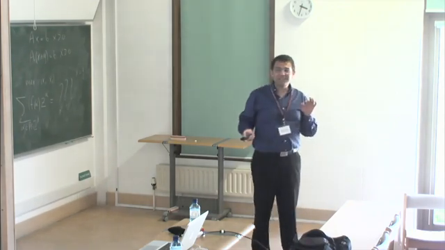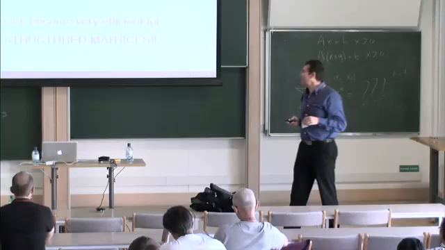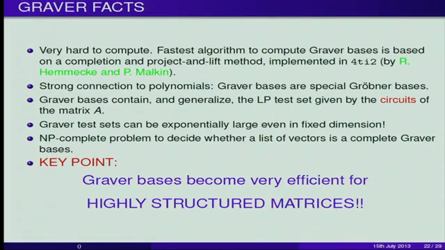But after the coffee break, the point that I want to make is that in general it's hopeless to compute Graver bases. But if you have a very nice, highly structured matrix like the n-fold matrices, they can be computed efficiently, and then you can do all kinds of really cool stuff.